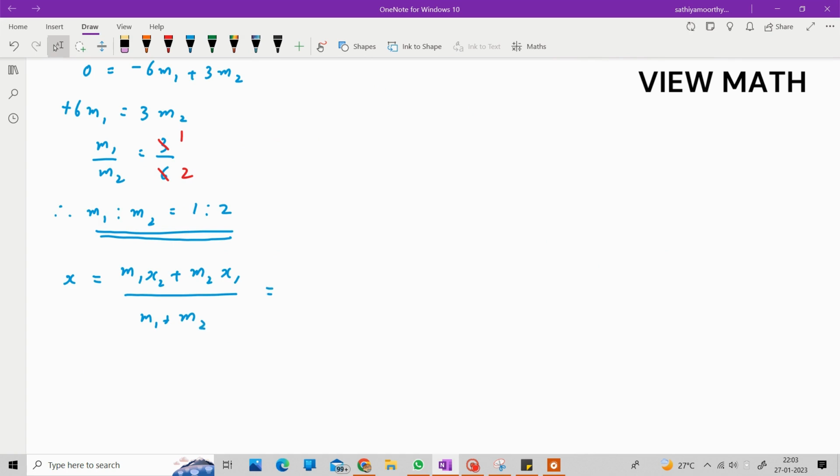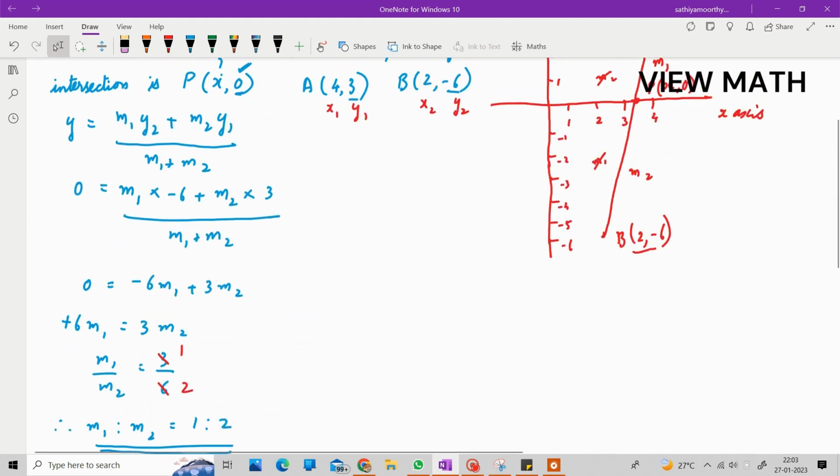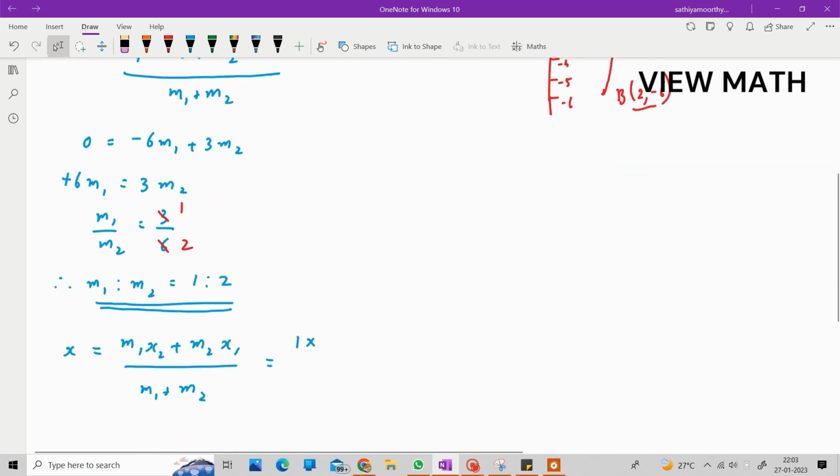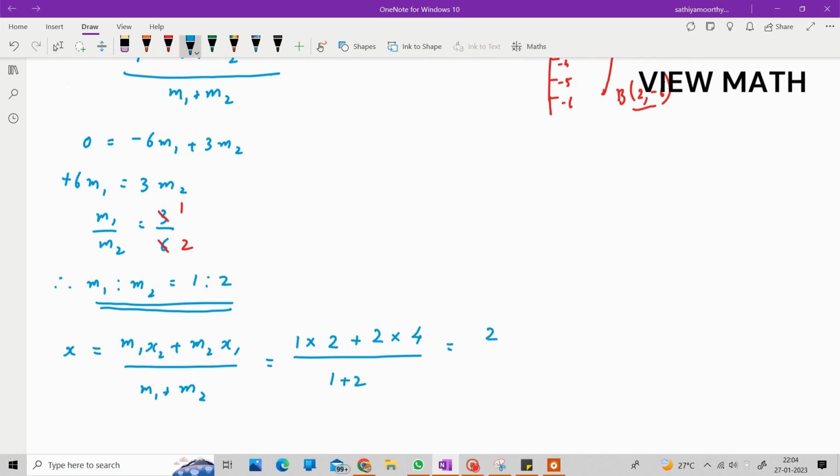So this is equal to m1, just now we found it is 1, into x2. x2 value is 2, and x1 is 4. Let me substitute: 1 into 2 plus 2 into 4 divided by 1 plus 2, which is equal to 2 plus 8 divided by 3, which is equal to 10 by 3.